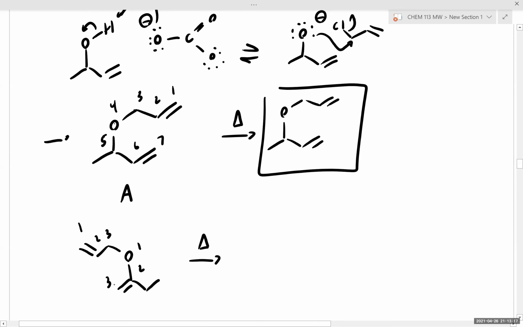So when you heat this substrate, it'll undergo a classic Claisen rearrangement and will generate the alpha allyl ketone.